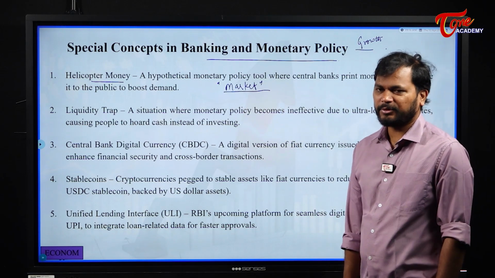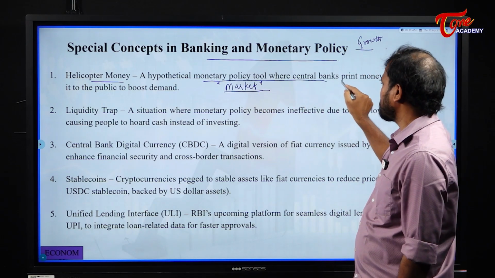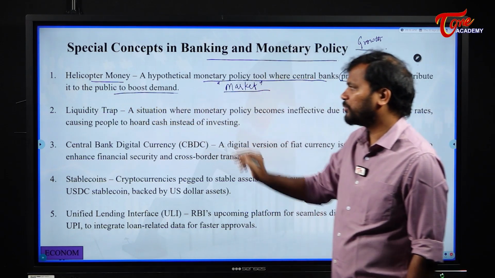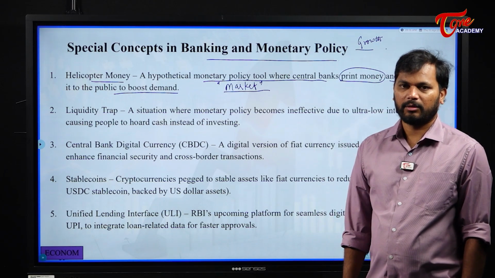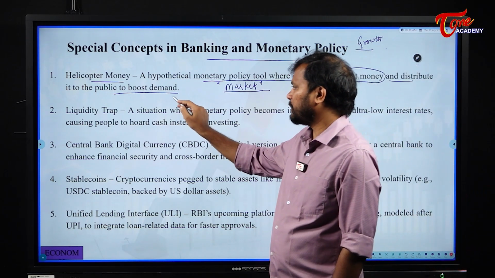It is a hypothetical monetary policy tool where the central bank prints and distributes currency to the public to boost demand. It is an example of expansionary monetary policy.